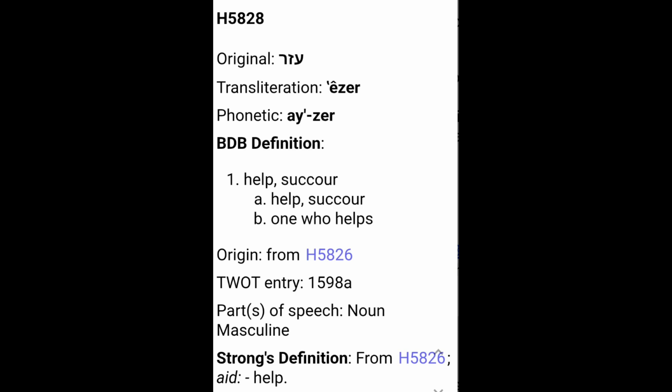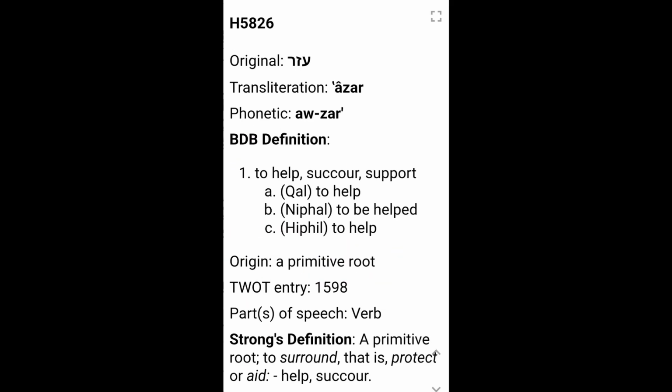H5828. And we see this is spelled as Ayin, Zain, Resh, Eizer, or Ezer. The definition is help, succor, and it comes from H5826, Ayin, Zain, Resh, Azar.